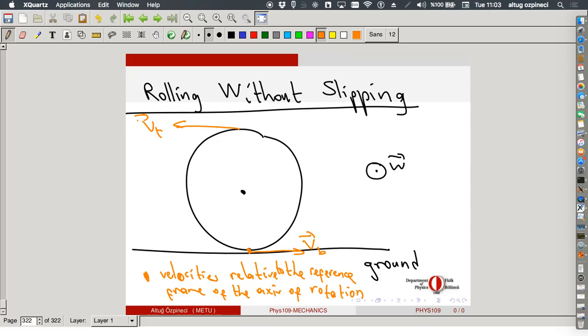Okay, the velocity of this point? Downward.